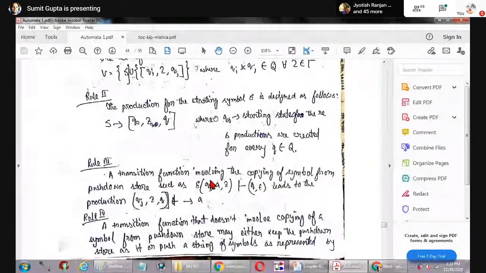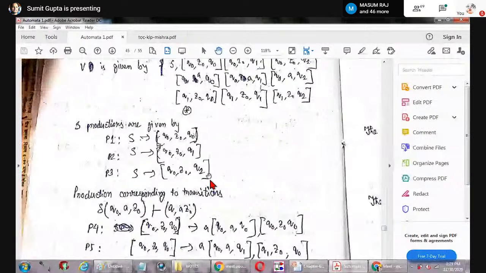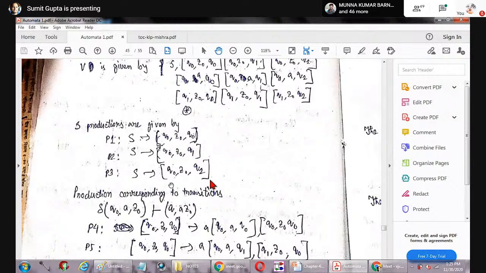It should have Q0 Z0 Q, where Q0 should be the starting state, Z0 should be the starting symbol on the stack, for every Q that belongs to capital Q. So over here, every Q is what? It is Q0, Q1 and Q2. These are the 3 possible Qs. Q0, Z0 remains same. So Q0, Q1, Q2. Now these 3 will be productions based on S.